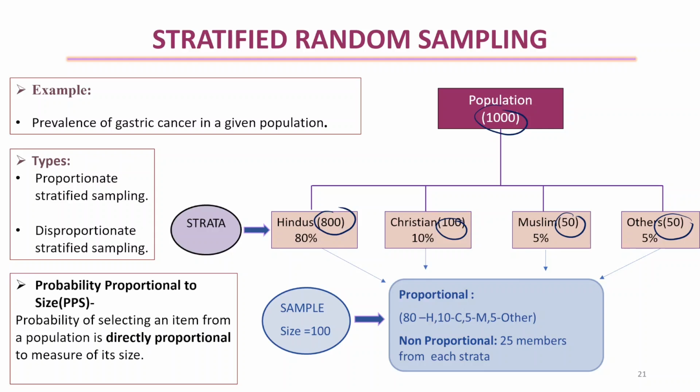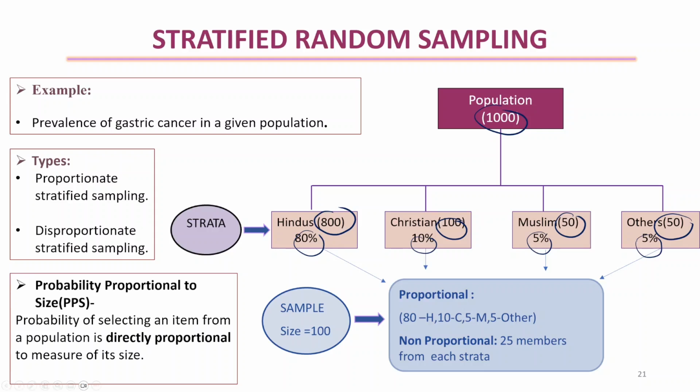You may also hear the term probability proportional to size, or PPS. This means larger groups have a higher probability of contributing more participants because they represent a larger proportion of the population. In this example, if I do proportional sampling, I will select 80 Hindus, 10 Christians, 5 Muslims, and 5 others.